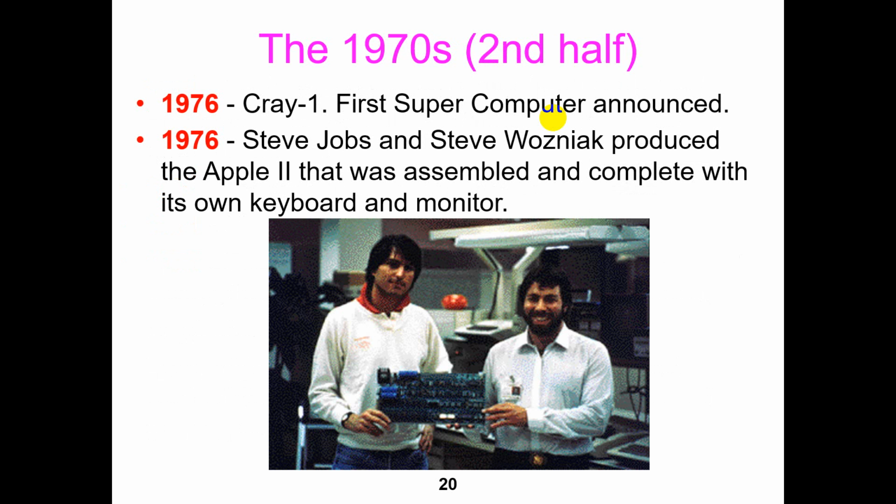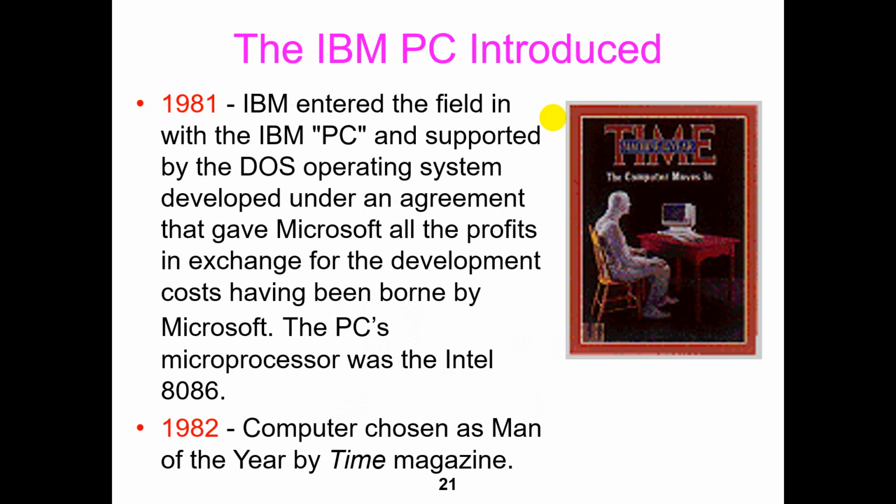In 1977, Steve Jobs and Steve Wozniak produced the Apple II, assembled and complete with its own keyboard and monitor. The IBM PC introduced.